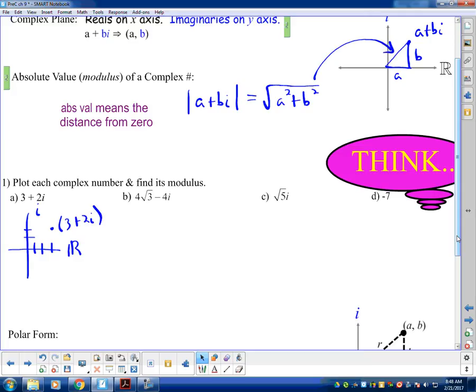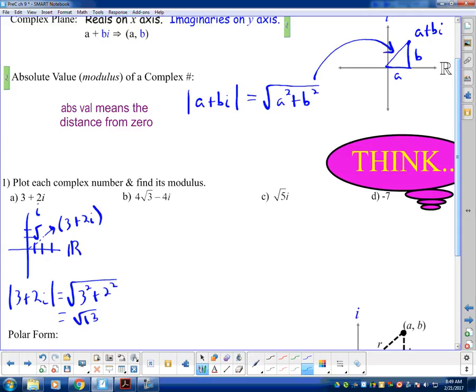Can you find the modulus of that? a is 3, b is 2. 9 plus 4 is 13, so that's square root of 13. And all that's doing is telling me the distance from the origin out to the point 3 plus 2i is root 13.